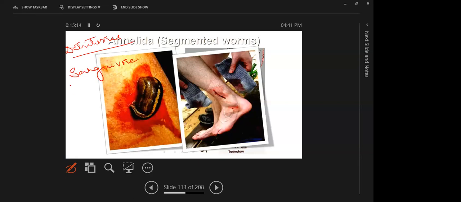Then herbivore: which feeds on plants. Carnivore: which feeds on flesh. Vora means which feeds. Frugivore, what do you mean by frugivore? Anybody? Which feeds on fruits and nuts. Example?